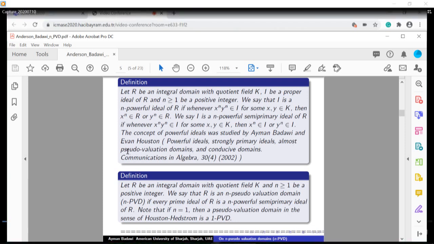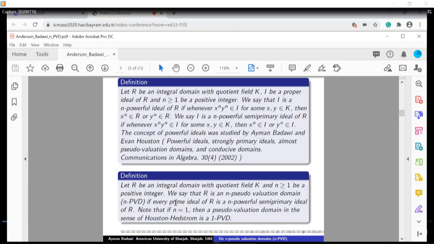So I don't want to talk about almost pseudo-valuation domain. Even our paper is like 24 pages long in print. We generalize also this concept.